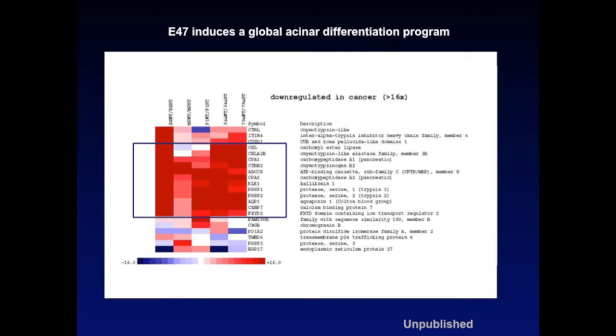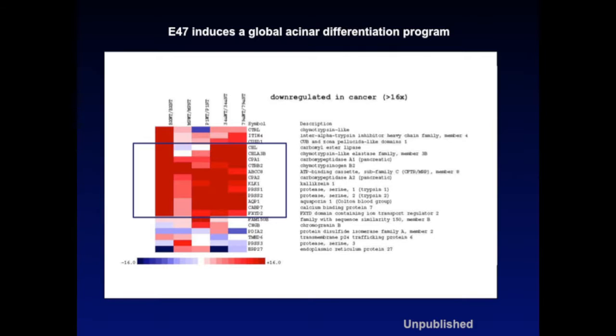And what we show here is an unbiased list that we started with of genes that are downregulated 16-fold or more in pancreatic cancer relative to normal adjacent tissue. Not surprisingly, many of these are the genes associated with differentiation in those cells as they undergo ADM and lose Acinar characteristics.